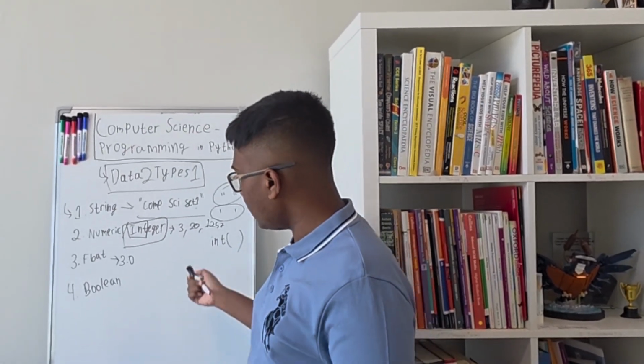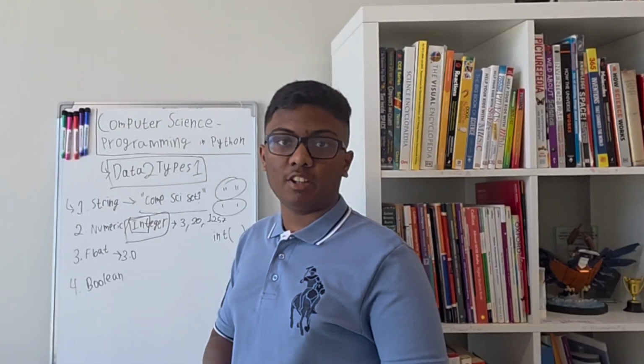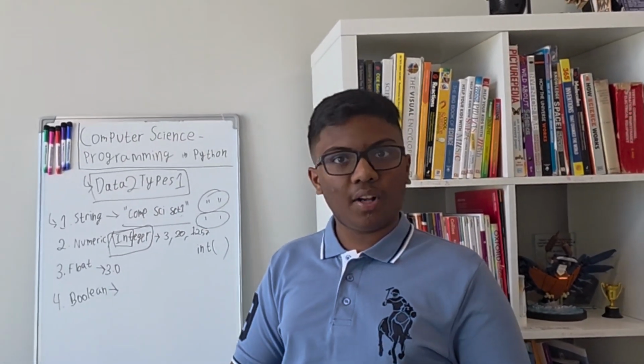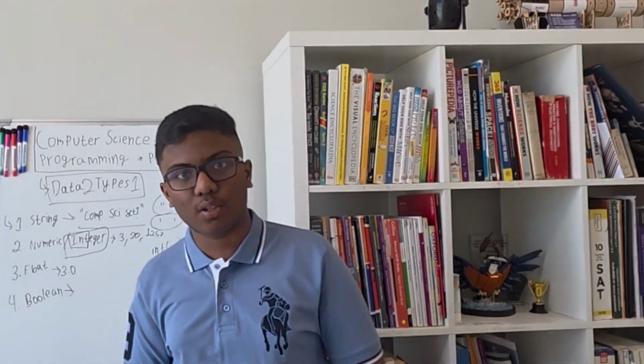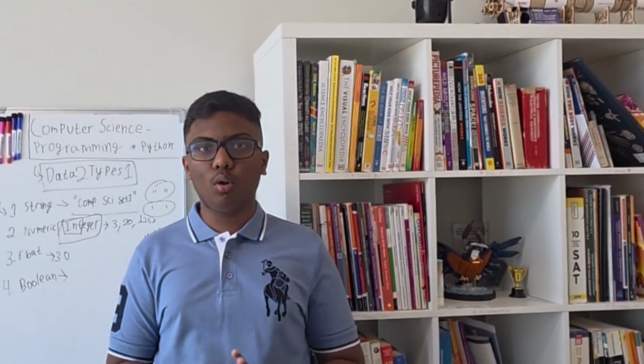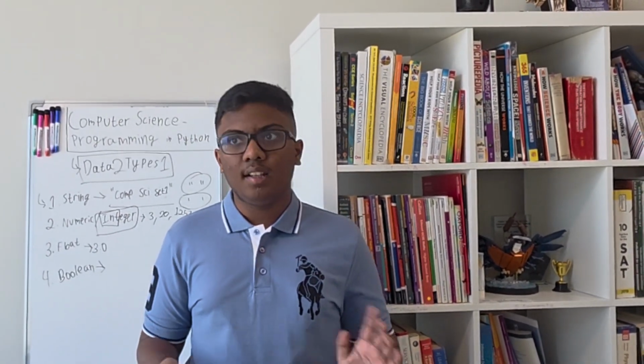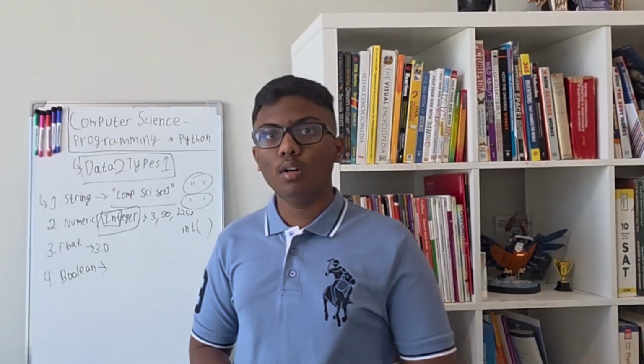Alright? So, last but not least, we have Boolean values. Boolean values are true or false values. You know those true or false questions that you answer in school in any subject. For example, the mitochondria is the powerhouse of the cell, true or false? By the way, the answer to that is true.